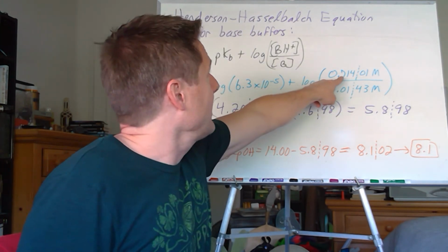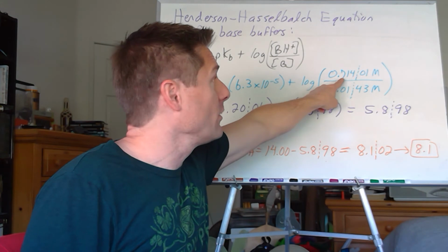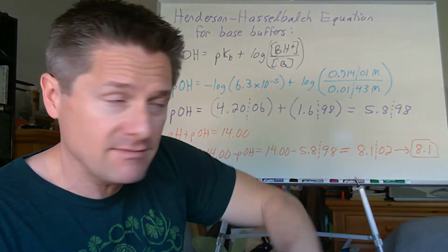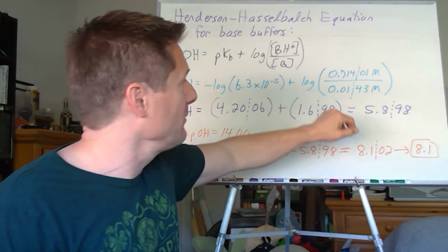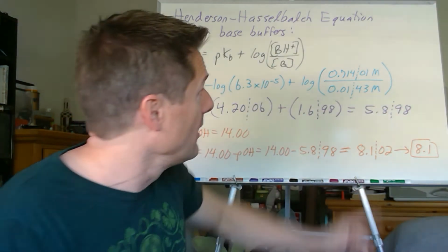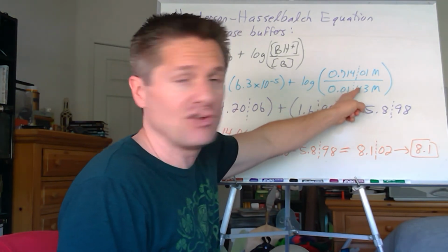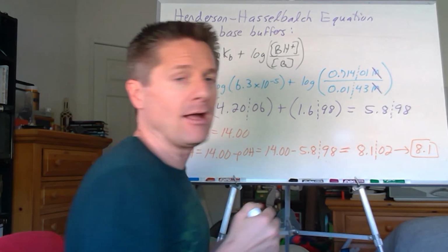Over here, the concentration of the trimethylammonium ion, the conjugate acid, was 0.71401 molar, good to 3 sig figs. The concentration of the weak base left over, the trimethylamine, was 0.0143 molar, good to 1 significant digit. So when we do that division, we'll get 1 significant figure. The molarity terms cancel out.